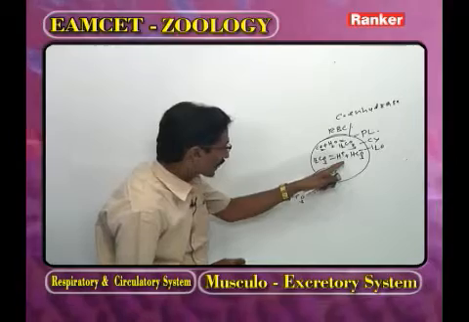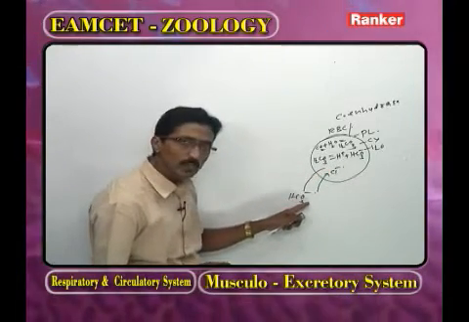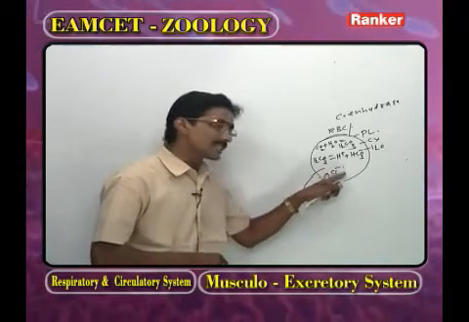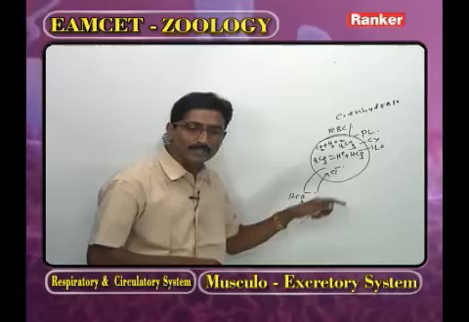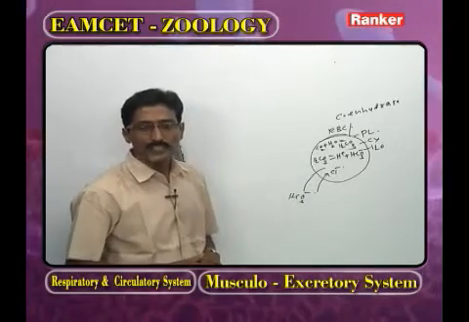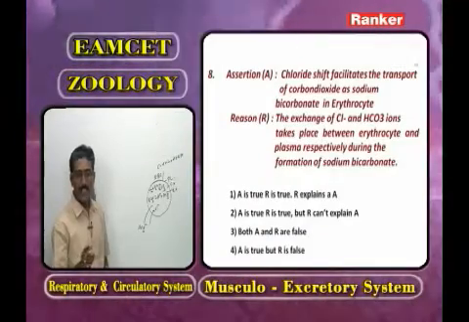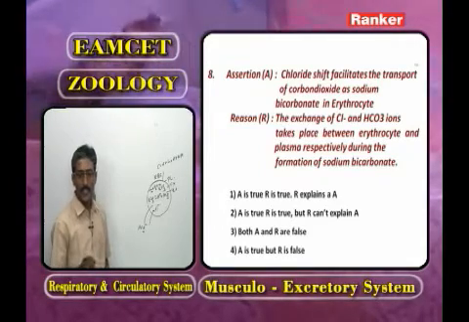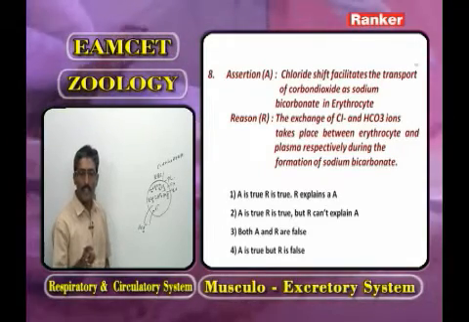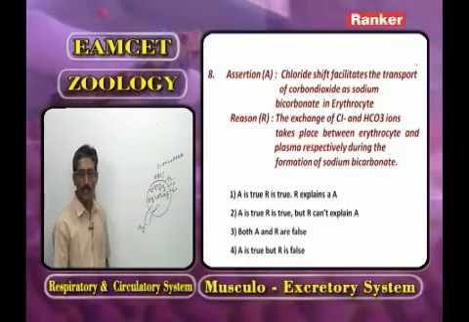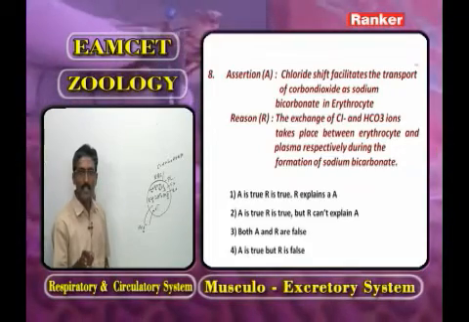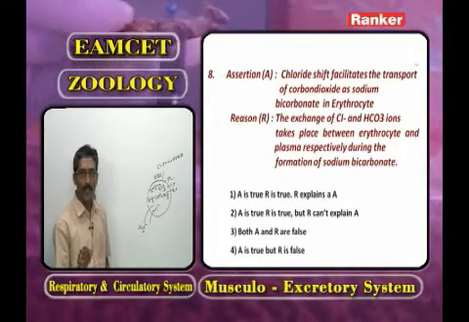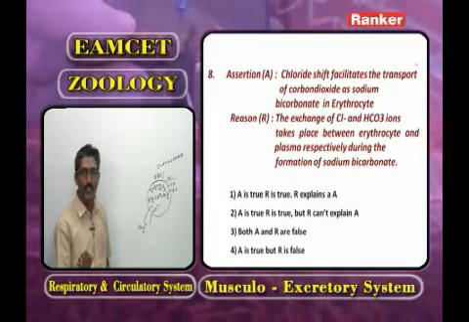First of all, from the RBC, HCO3- comes out. Later, Cl- enters into the RBC. Here, you observe the reason. Exchange of Cl- and HCO3- takes place between RBC, that means erythrocyte, and plasma respectively. You observe here the word respectively.